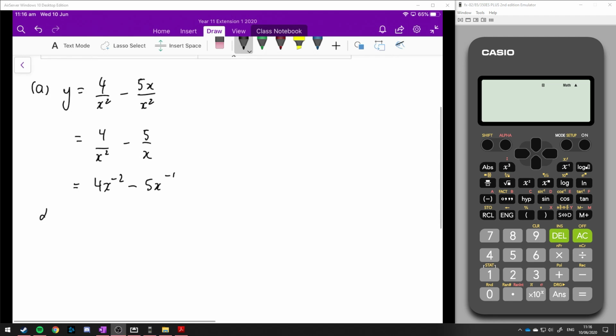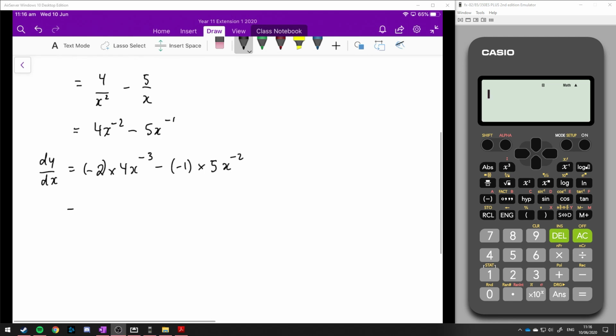Now to differentiate this, dy/dx, I'm going to use the rule from before. So take the power down to the front, so I'm going to get negative 2 times 4x to the power of negative 3, minus, and I should put that in brackets really, minus 1 times 5x to the negative 2.